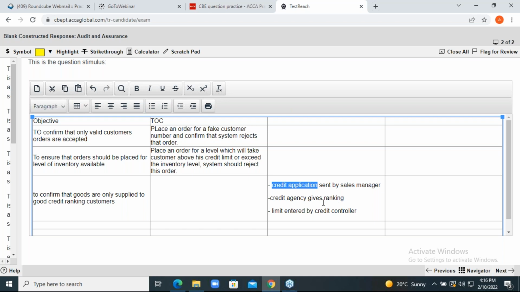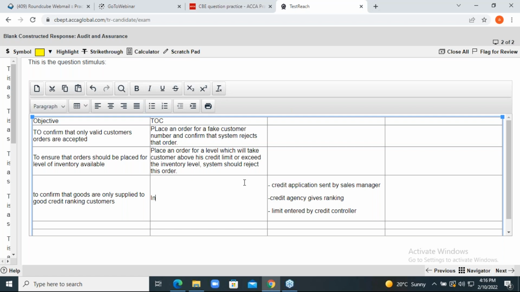Now, how can you write it? If you write a test of control from the start of this process, the start of the process is the credit application.